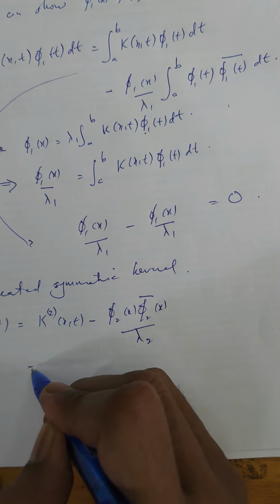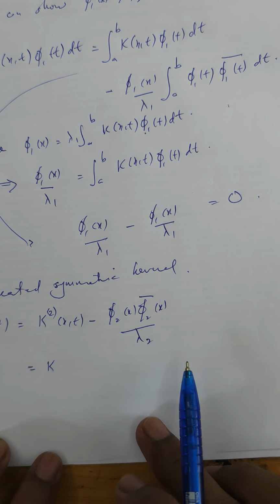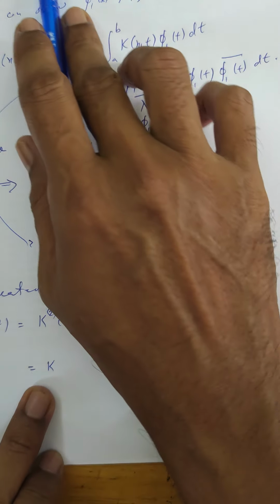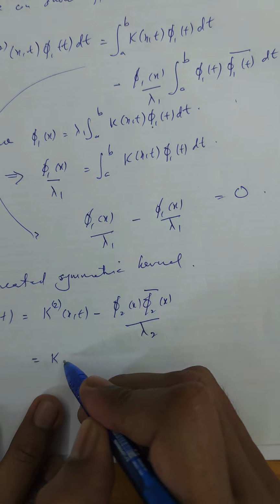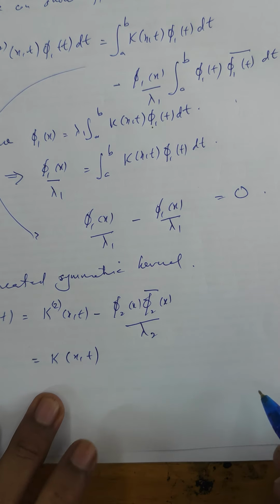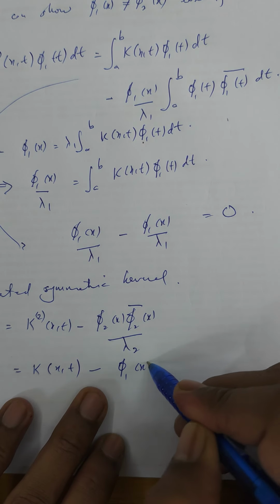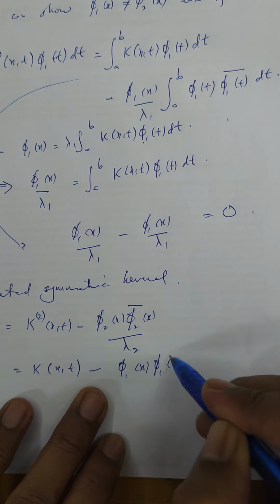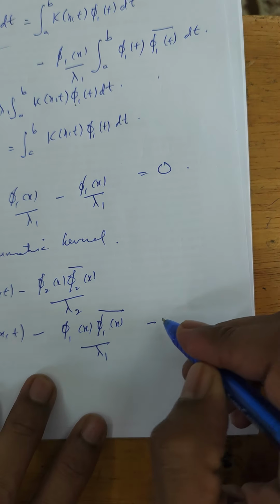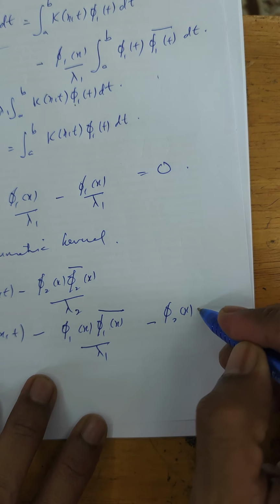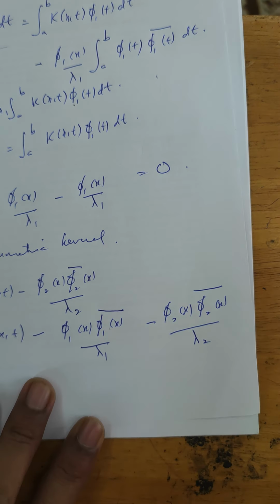Here you can write this in terms of k x t, because k x t is given in the first part. So this is k x t minus phi 1 x bar over lambda 1, minus phi 2 x bar over lambda 2.